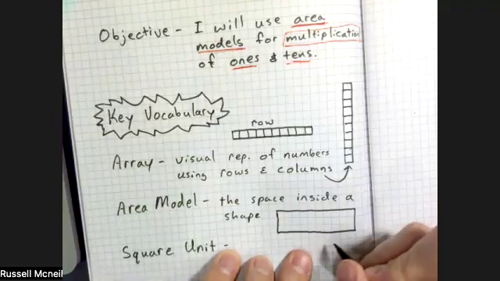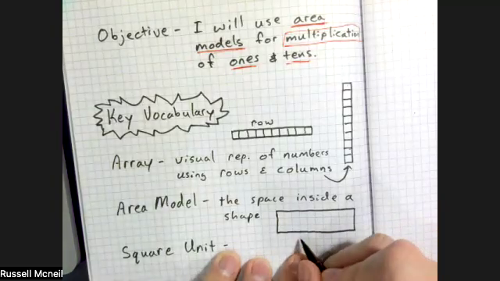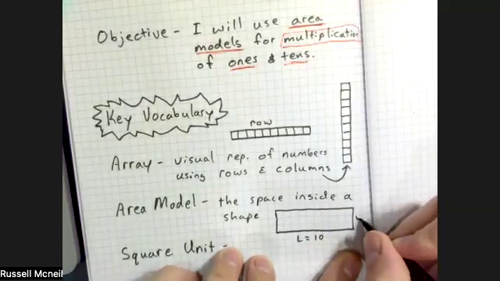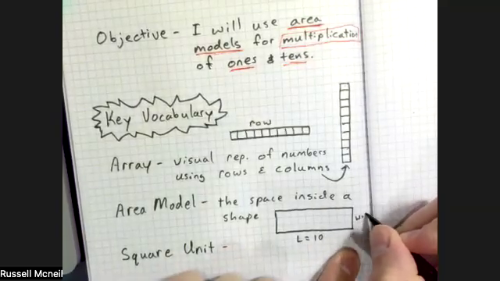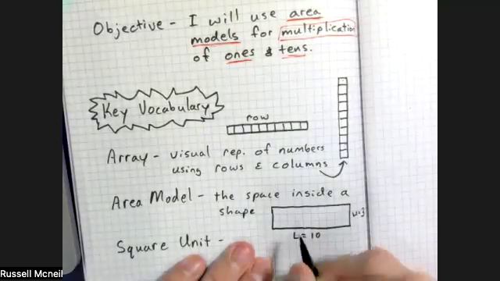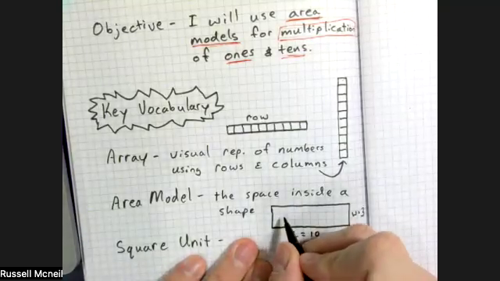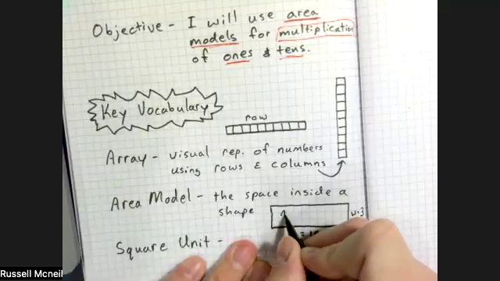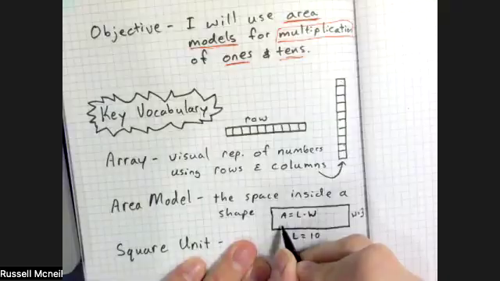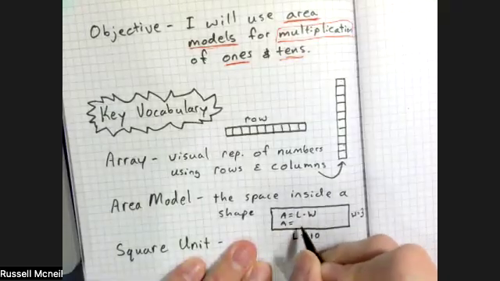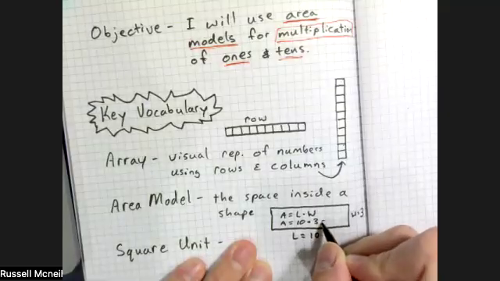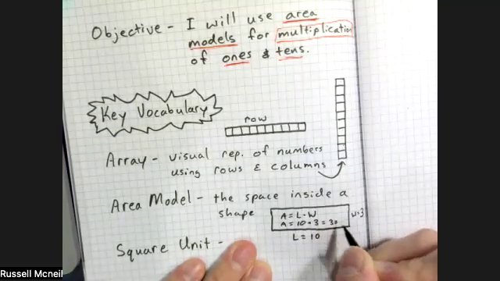So let's call this the side length, and our L for length equals 10, and our width for our side equals 3. Our area model has a formula: A equals L times W. So in this case, A would equal 10 times 3, and our area would equal 30.